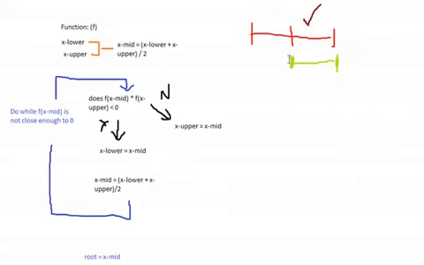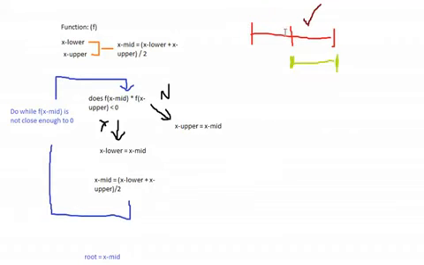We're going to ask ourselves, when we get this point and multiply it together, is it negative? So if we multiply f mid by f upper, is it negative? If it is, then we're going to make the lower limit equal to that middle point and then reevaluate.